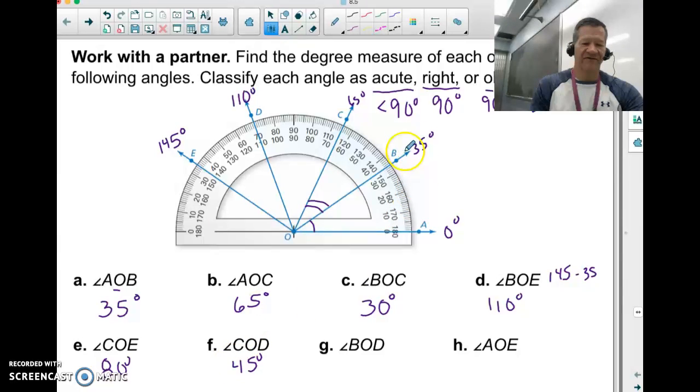BOD, 35 to 110, this angle right here. That would be 110 minus 35, that's 75 degrees. And the last one, angle AOE, it's always easy when we start with A because that's at 0. So E goes to 145 degrees, and we're done. So there we go, using a protractor to measure angles.